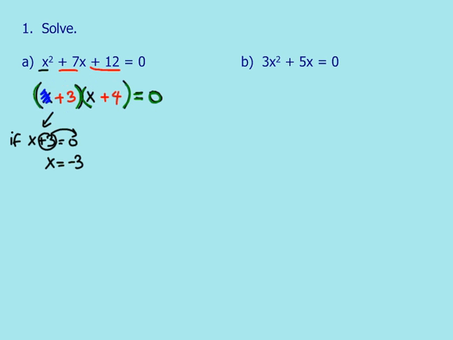Okay, let's solve for our other case. What if x plus 4 was actually the one that equals to 0? We do the exact same thing. Bring the 4 over. You get negative 4. Okay, so again, I'm just going to replace the x's with negative 4 and negative 4.